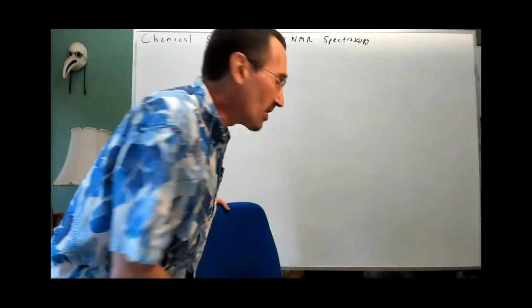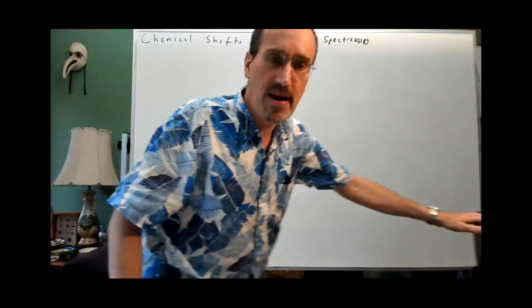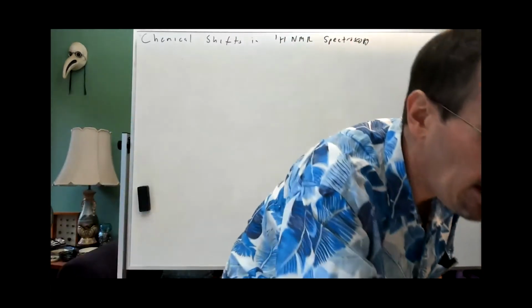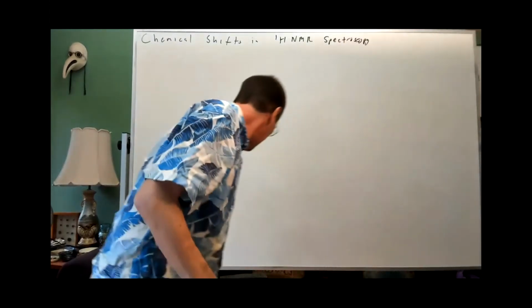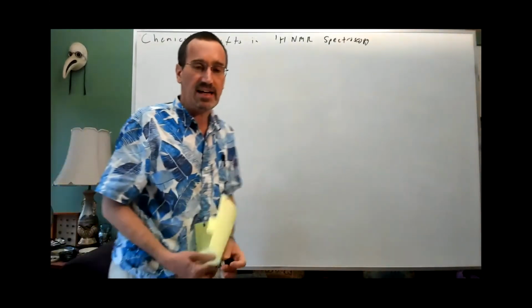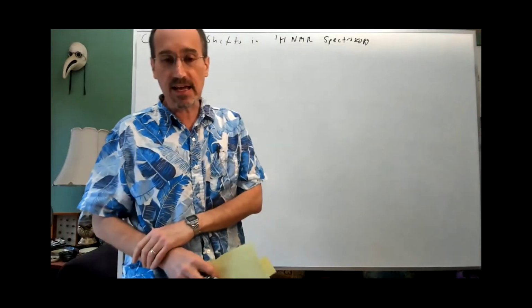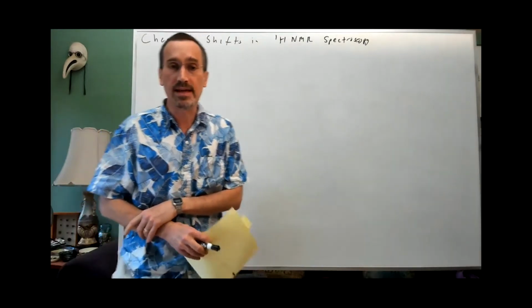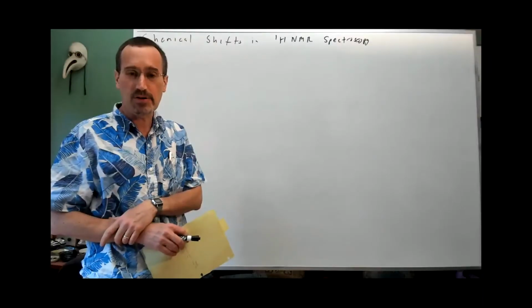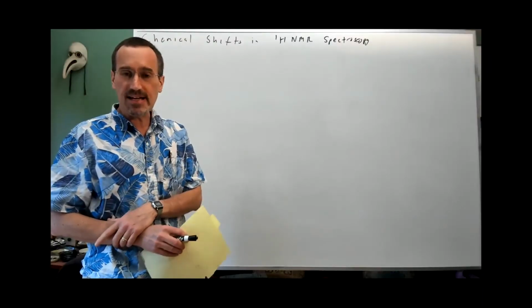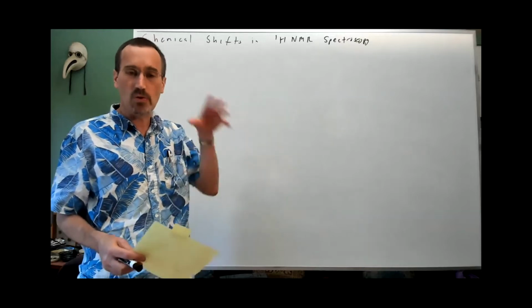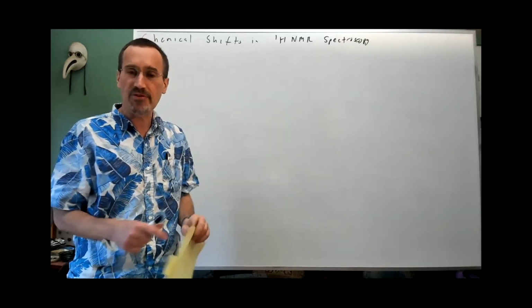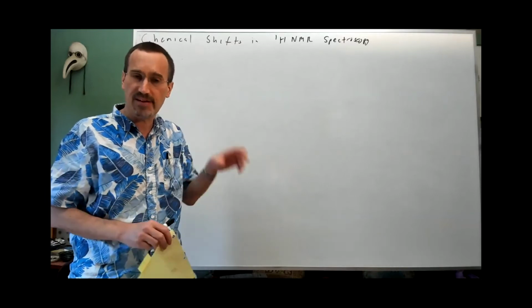So this morning I wanted to talk about chemical shift in NMR spectroscopy, and this is really what makes it a useful technique to us, and why the physicists, when they initially sought to study magnetic resonance of protons, decided, oh, it's not very interesting because they don't all appear at the same frequency in the same magnetic field.